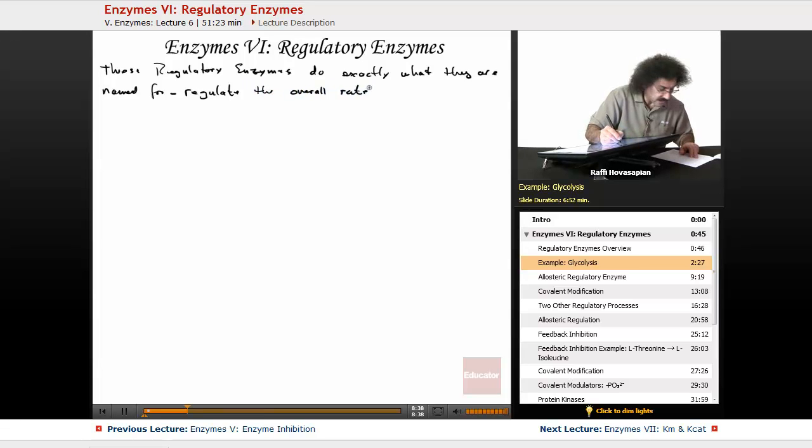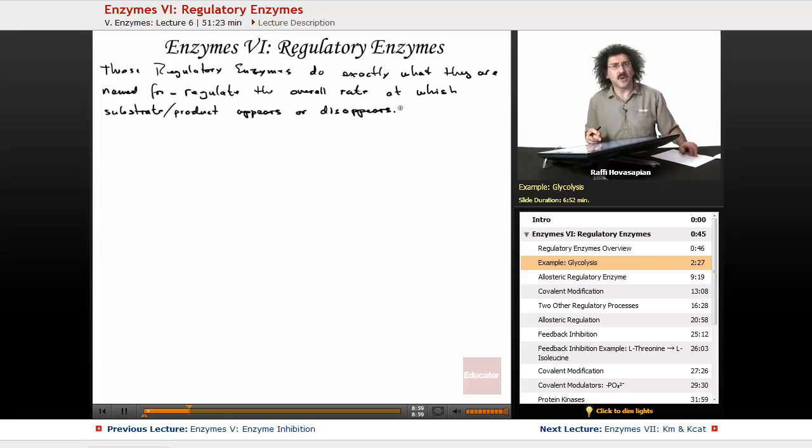They regulate the overall rate at which substrate and/or product appears or disappears. Very, very intuitive notion. There's nothing particularly counterintuitive about regulation. We do it all the time in our daily lives.